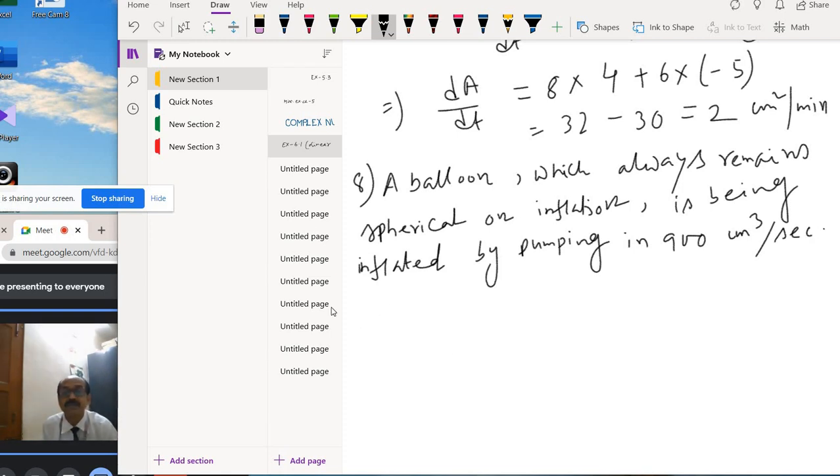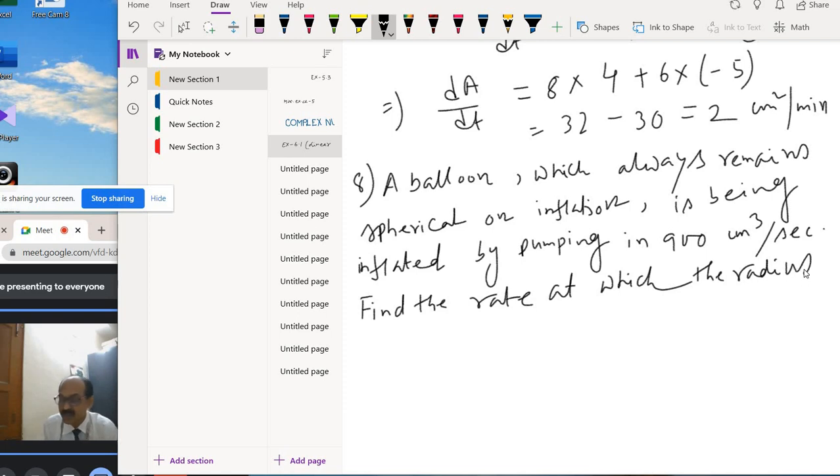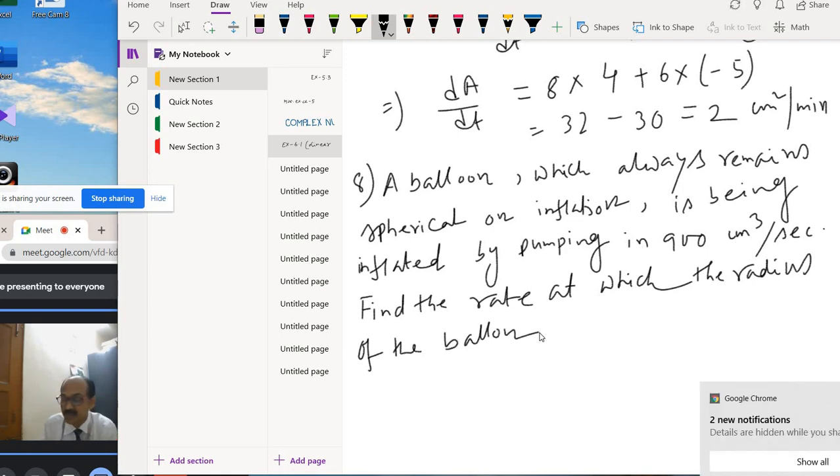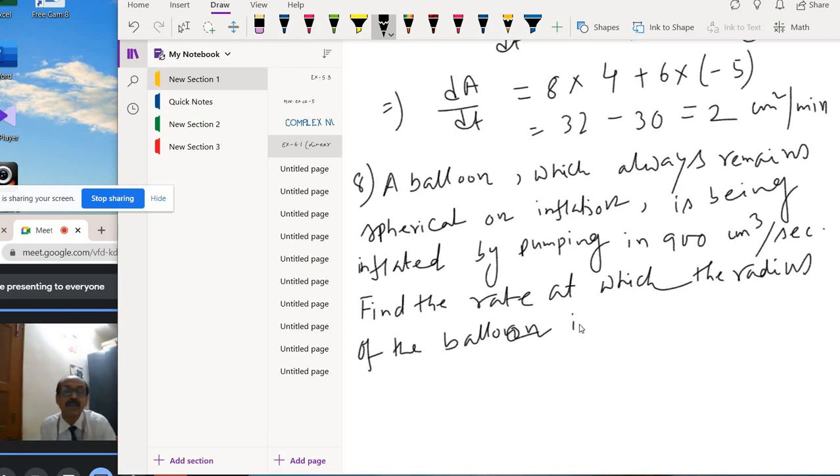Find the rate at which the radius of the balloon increases when the radius is 15 centimeter.